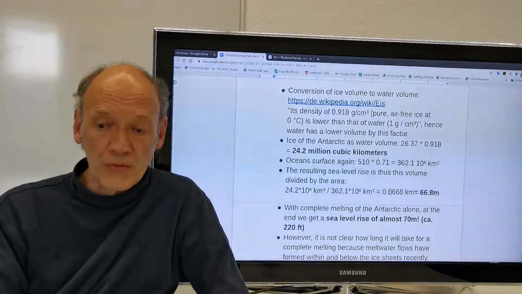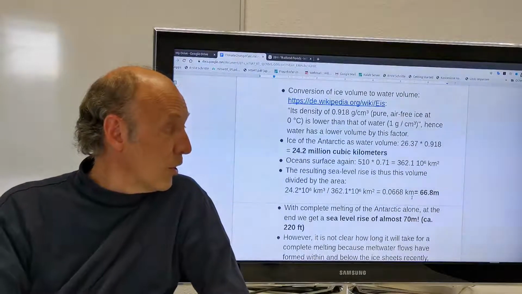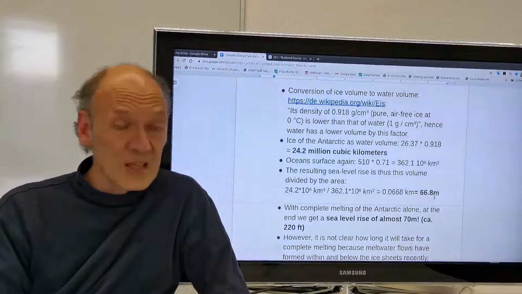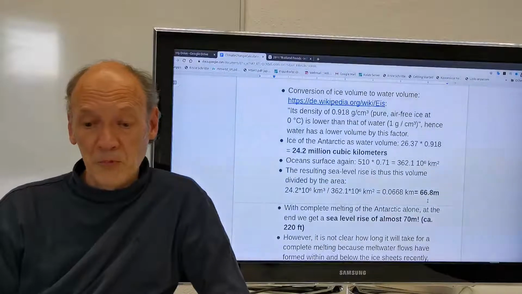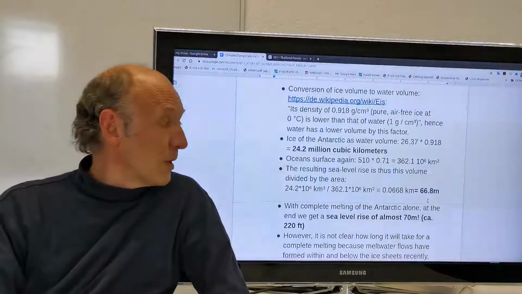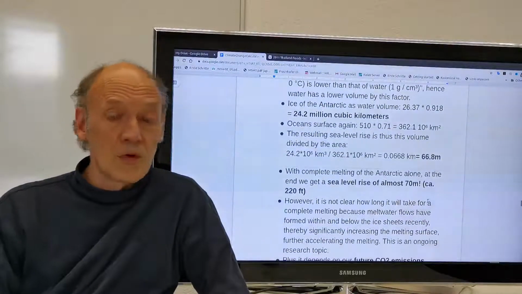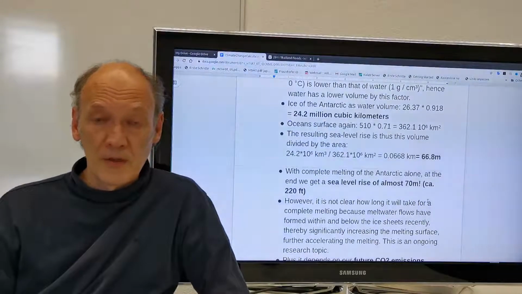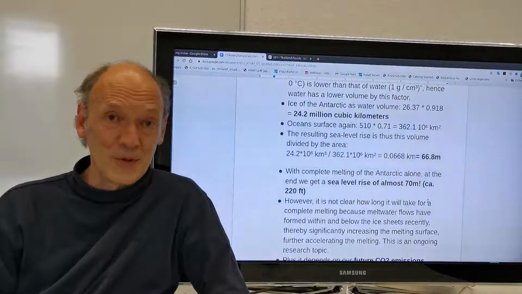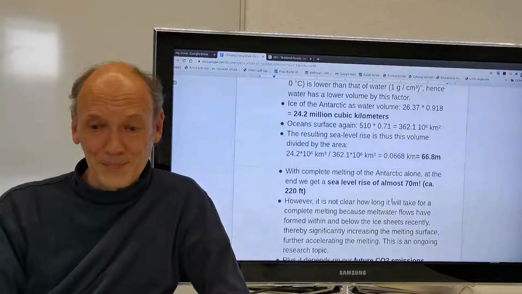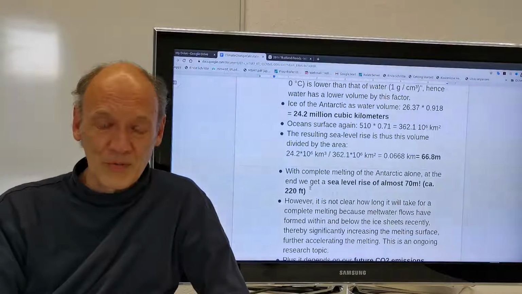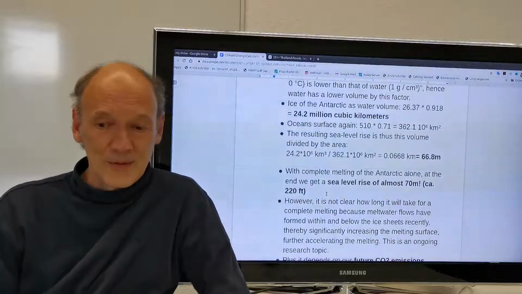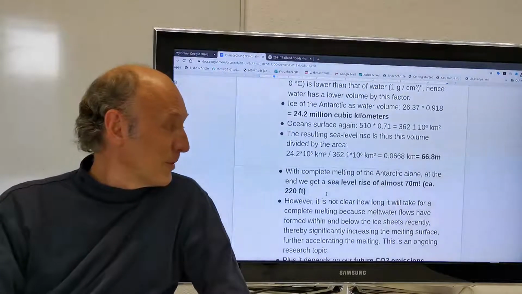It's 0.0668 kilometers or 66.8 meters, right? So this is actually quite significant. If all of Antarctica melts, that's a lot of sea level rise. We don't want to see that. This 66.8 meters is roughly 220 feet, right? So a lot.